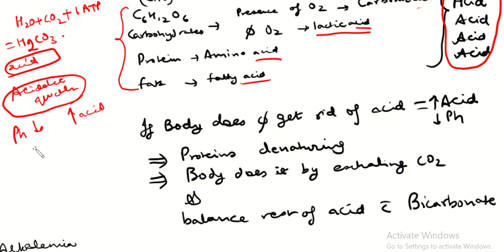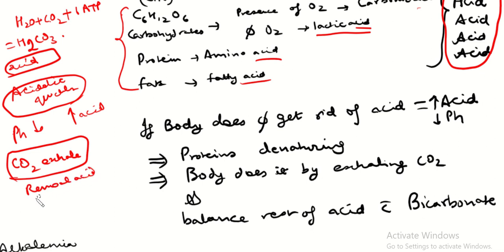How does the body remove acid? The biggest mechanism by which the body removes acid is to exhale CO2. This is actual removal of acid. And how does that happen? You have the carbonic acid, right? Which is H2O plus CO2.